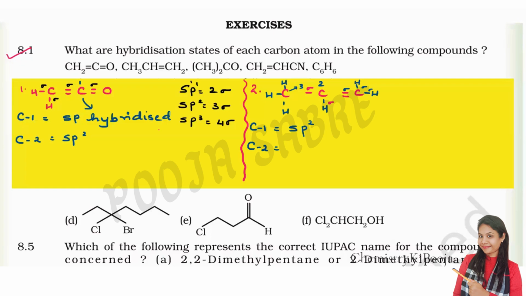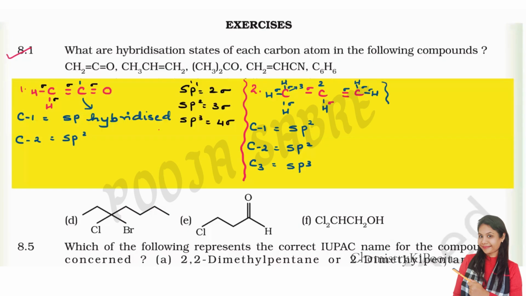So a total of 3 sigma bonds, so it is sp2 hybridized. Then C3 has a total of 4 sigma bonds, 1, 2, 3 and 4, that means it is sp3 hybridized.